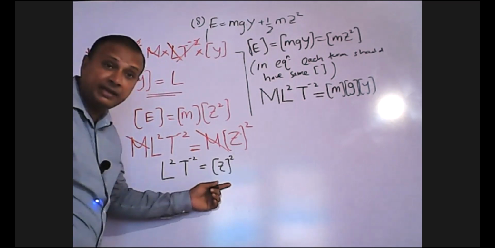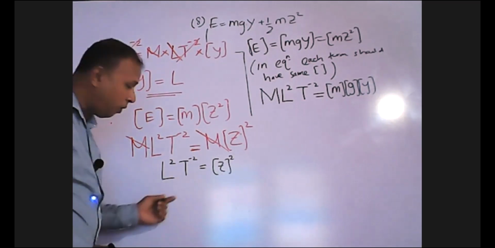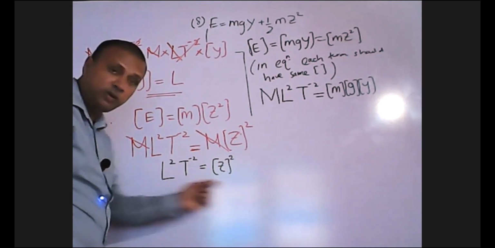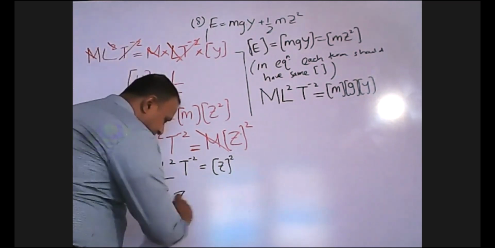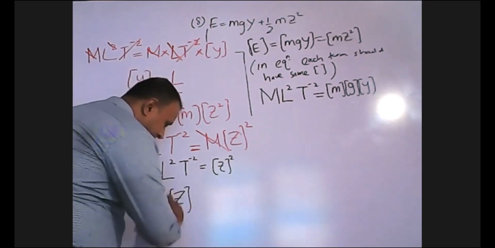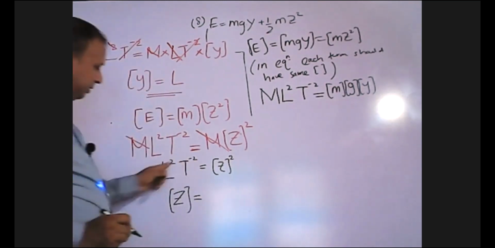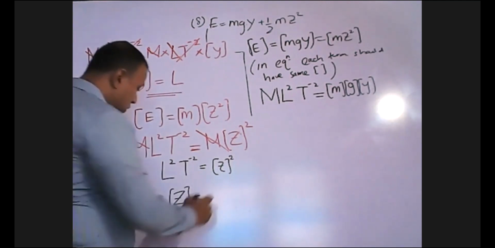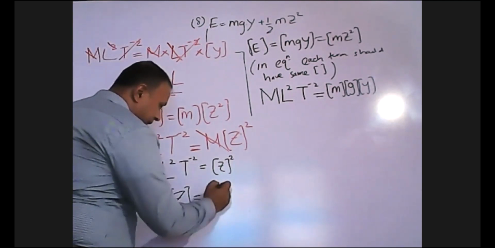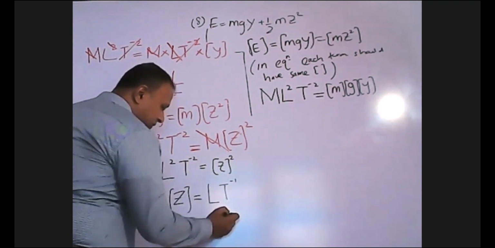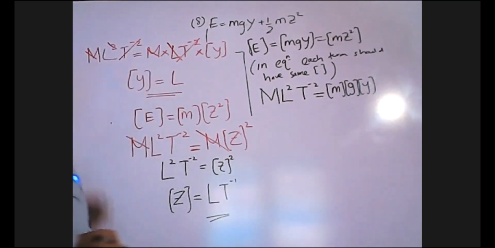Now you have to take the square root of both sides. Then the dimension of Z is equal, you have to divide the powers by 2. That means LT⁻¹.